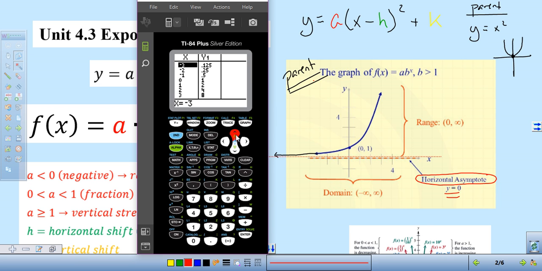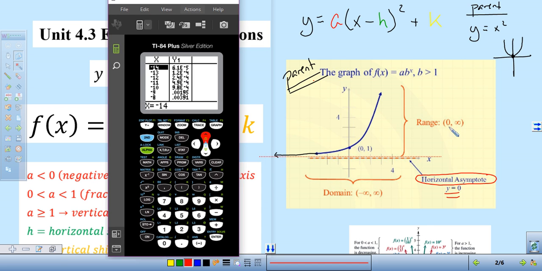What I want you to see is this: no matter what value I plug in for x, my y values never become negative. I just keep getting closer and closer to 0. And what I want to remind you of is that this is scientific notation.